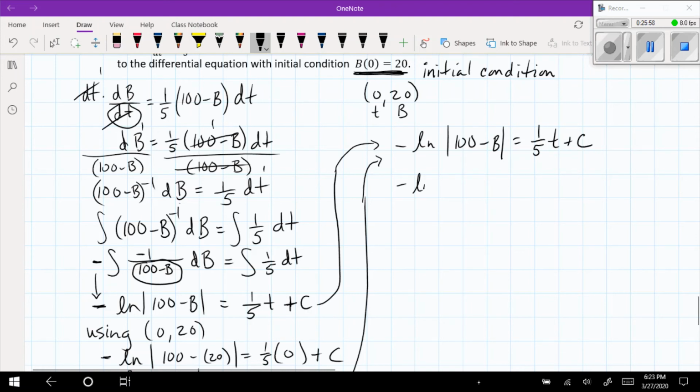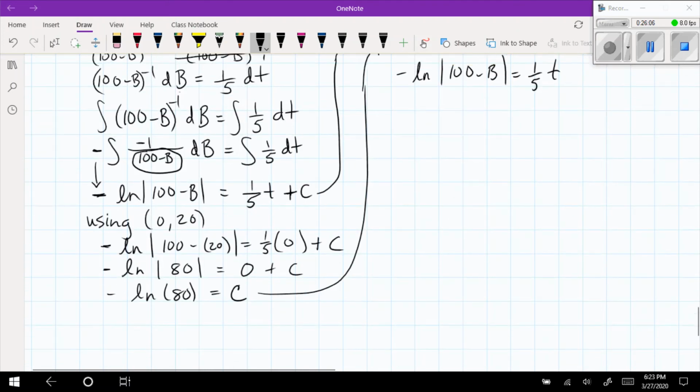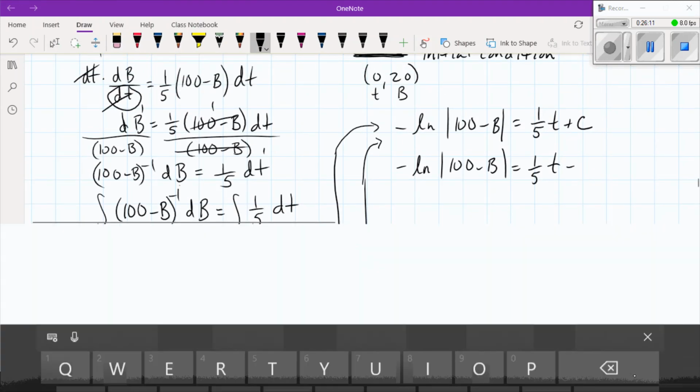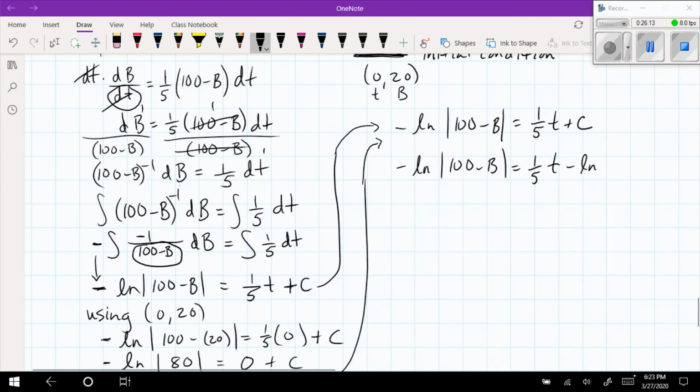I'm now going to rewrite this, and I am going to put that c value in its place. And the c value is negative natural log of 80. So negative natural log of 80. Okay, so far so good, I hope.